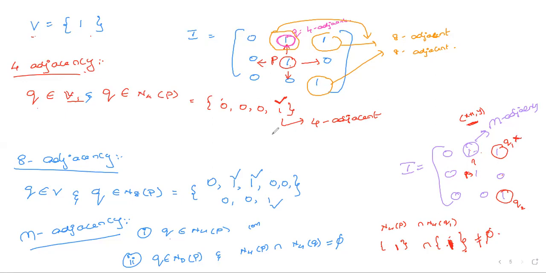Now check Q2. N4 of P position is X plus 1 comma Y. Intersection with N4 of Q2: for Q2 there are no ones, an empty set. So the intersection is phi, and this condition is satisfied. So the possible values of M adjacency are at X plus 1 comma Y and Q2.